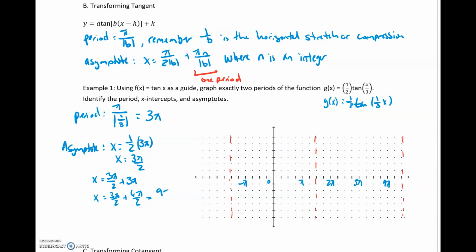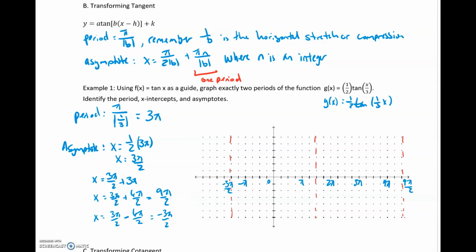So that's going to give me 9 pi over 2, which is that one over here on the right. And then I can take that x equals 3 pi over 2 and subtract 6 pi over 2, which is the same as 3 pi, to get me negative 3 pi over 2, which is this one right here on the left. So either way you get it, we get our 3 asymptotes.